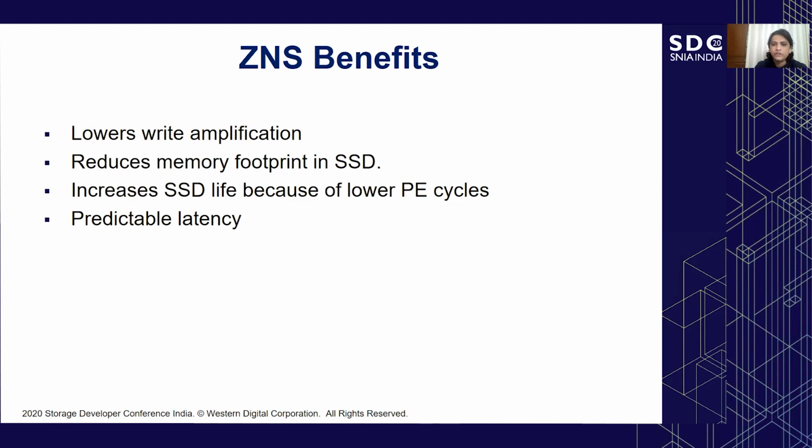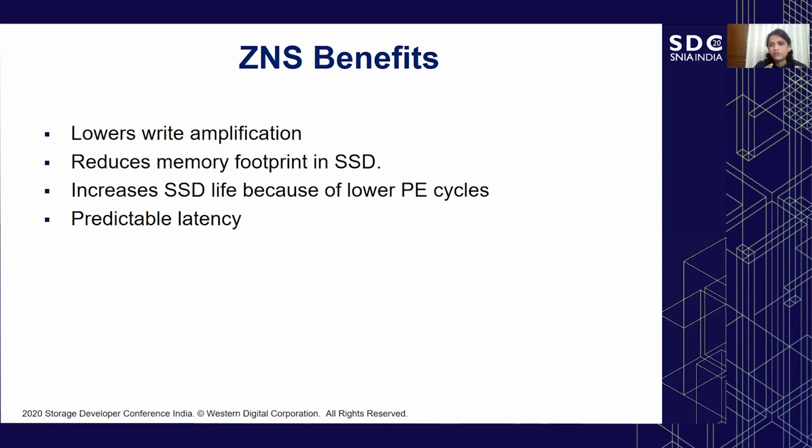And also it reduces memory footprint in the SSD. The conventional SSD maintains this flash translation layer, and with the current SSDs going up to terabytes, 8 terabytes, 16 terabytes, the flash translation layer is getting huge, and to accommodate this and also the other requirements of the storage controller, the amount of DRAM required on the device is also high.